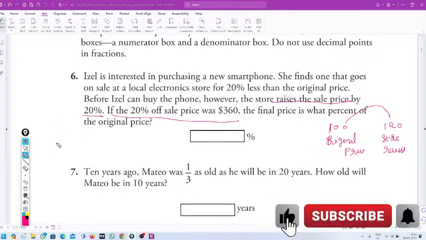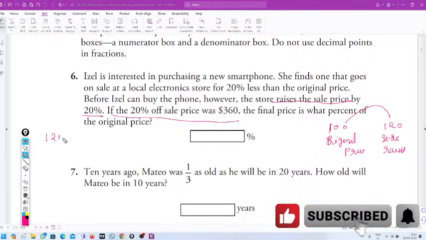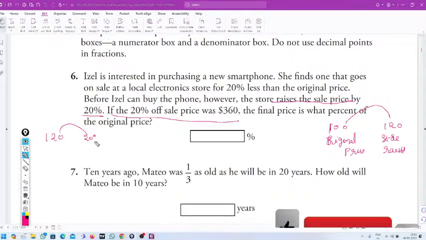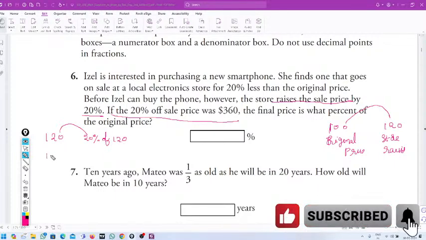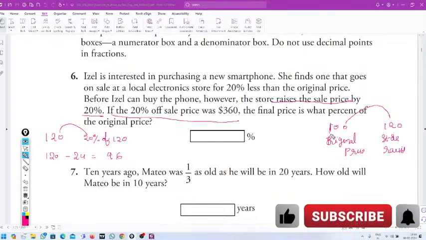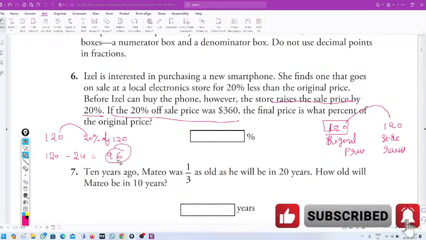Now, what is happening on 120? He is giving a 20% discount. On 120, he is giving us a 20% discount, meaning 20% of 120 should be subtracted here. So 120 minus 24, that will be nothing but 96. So initial price 100 means for him it is getting as 96.